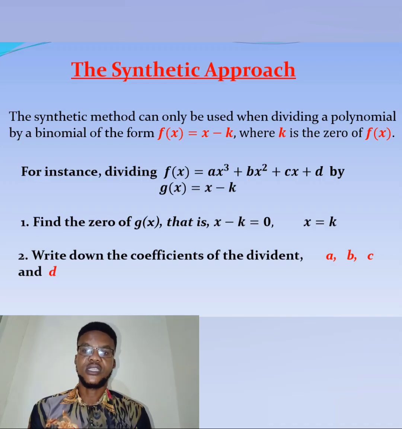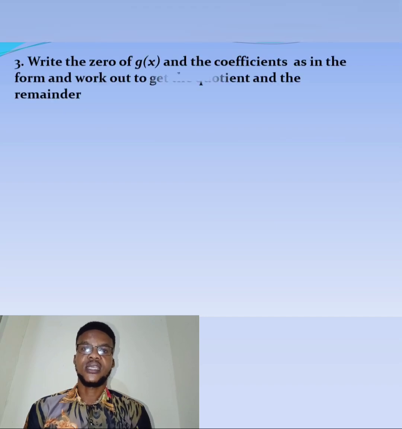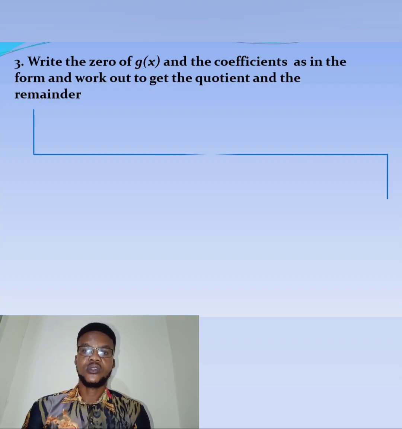They are our coefficients. So once you get all this down, you are going to use the synthetic approach. You write this symbol here. You are going to fill in our coefficients and the zero.